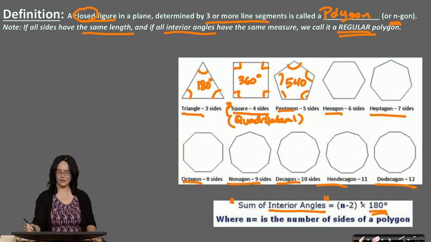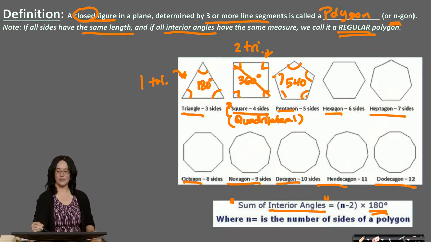So the formula here is, how many triangles do you have? In the triangle itself, we just had one triangle, so that's one copy of 180 degrees. But in the quadrilateral, notice you could cut that in half, and you have 2 triangles inside. Two copies of 180 degrees is 360.